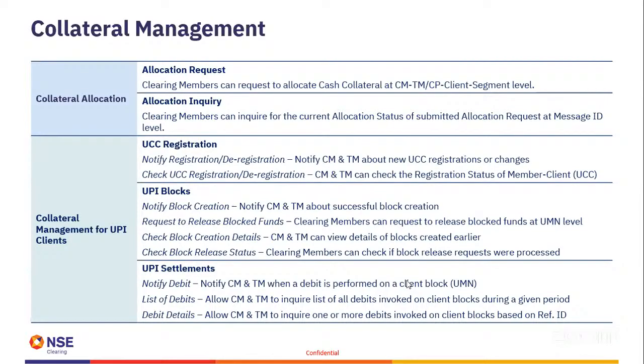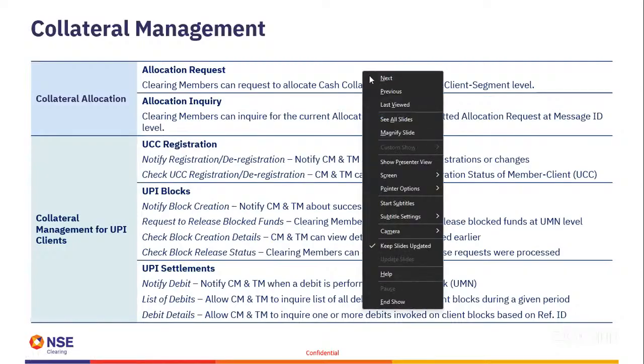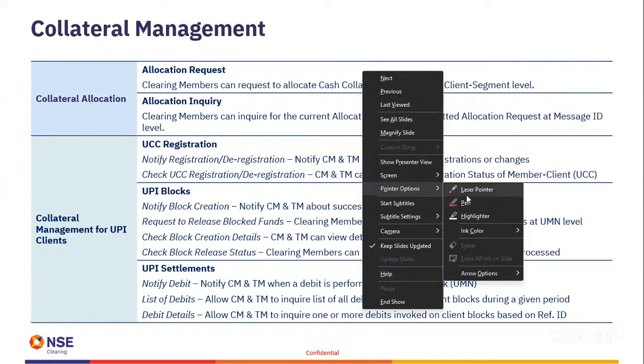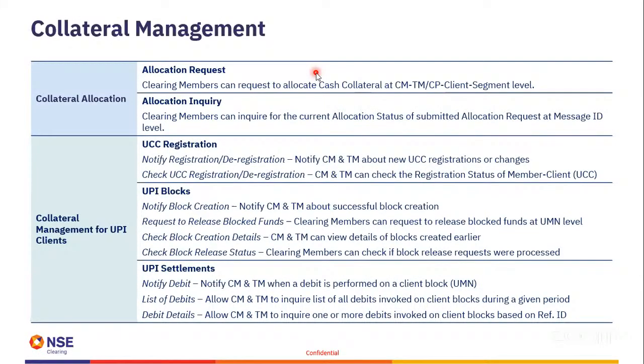Through this API, members can allocate their cash component, which includes cash, bank guarantee, and fixed deposit, at the CMTM level, the CMCP level, or the client level. Once a request is initiated, the member receives a response, and members can also inquire about their request.